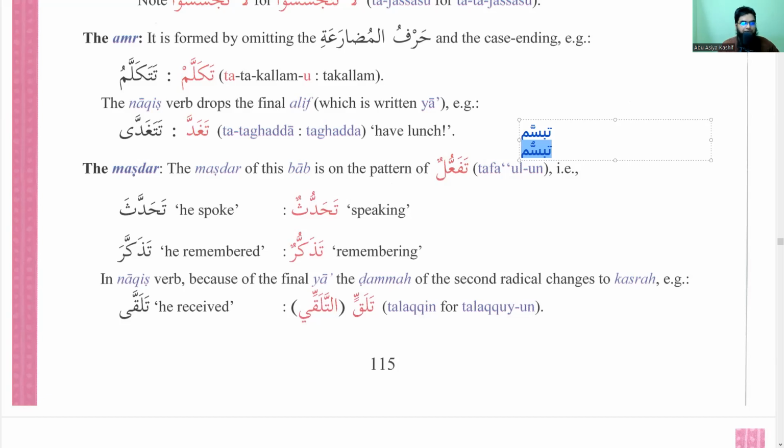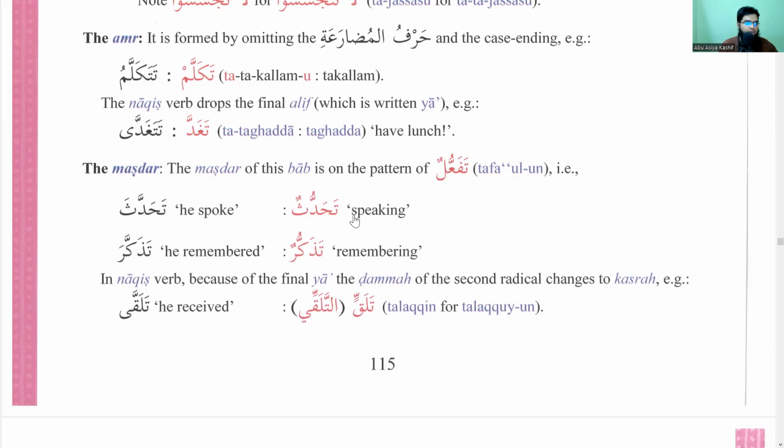And the Prophet's hadith says, tabassumuka fi wajhi akhika, smiling in the face of your friend, is sadaqah. Right. So whenever you meet someone, you have to smile. Tabassumuk. Okay, that's sadaqah for you, inshallah.